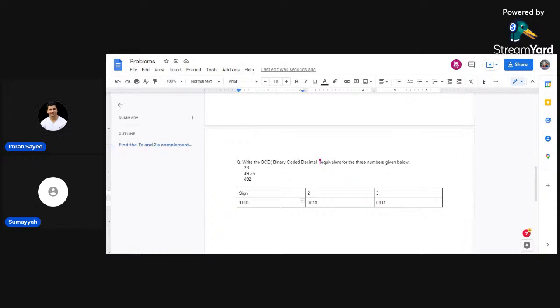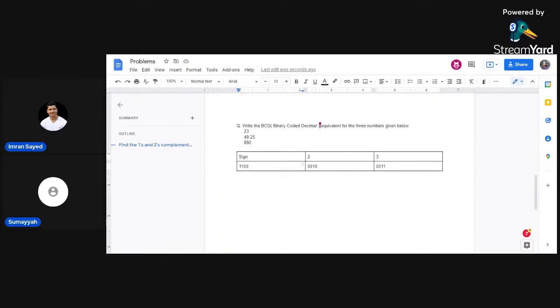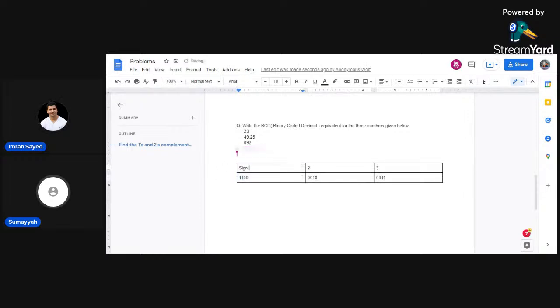Okay, like the sign bit you're talking about. Yes, the sign digit. For a positive number, the sign digit is represented by 1100, and for negative it's 1101.